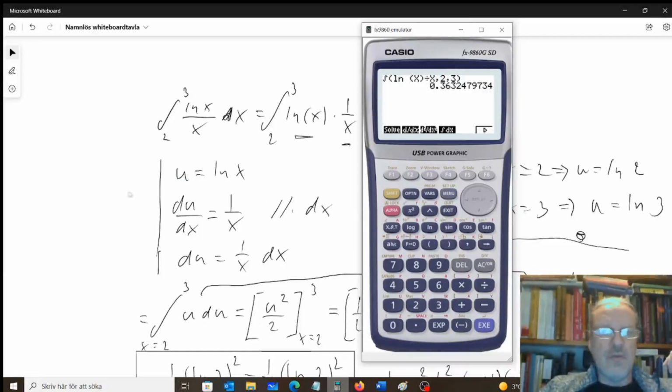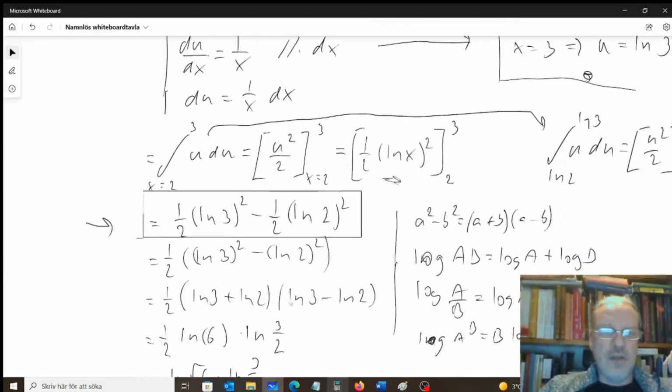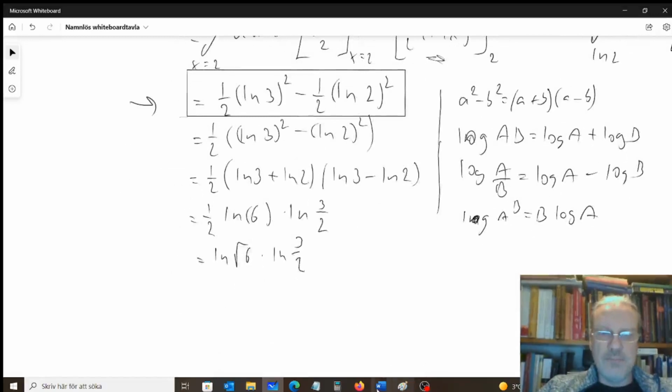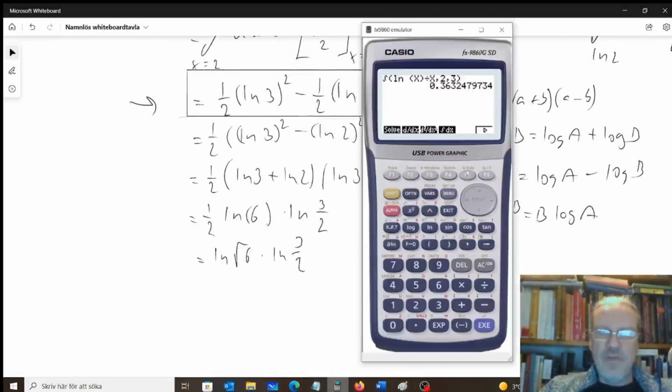Is that the answer we actually got? Let's try here. We can actually go to the final thing and say ln of square root of 6 times ln of 3 halves. And we got the same thing. So this seems to be correct.